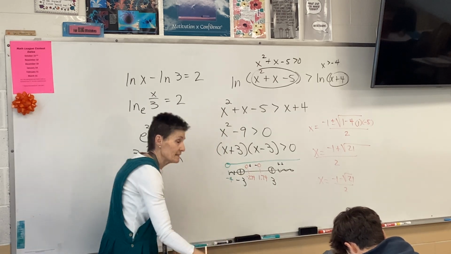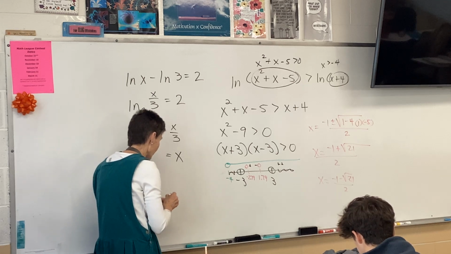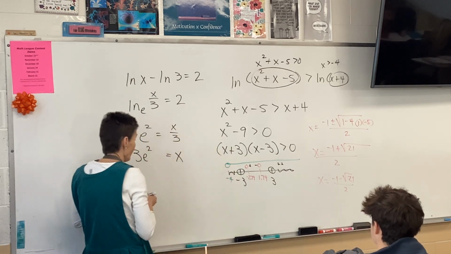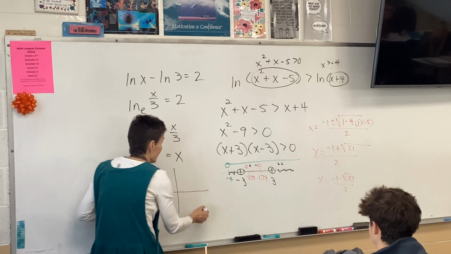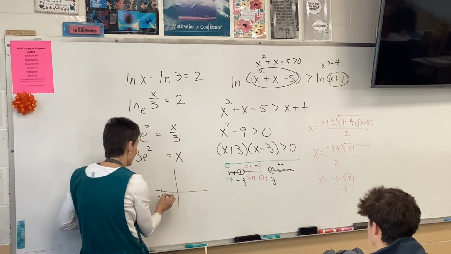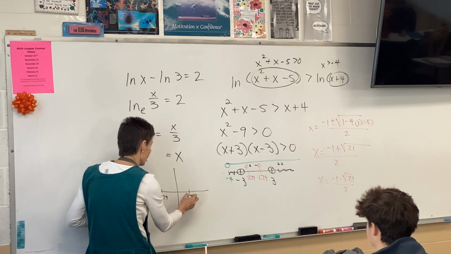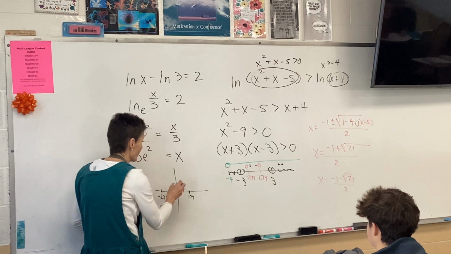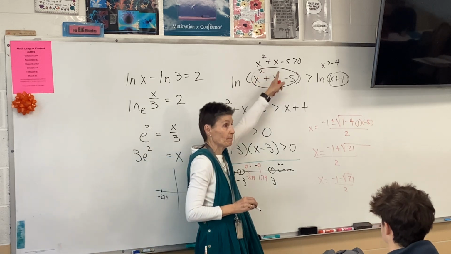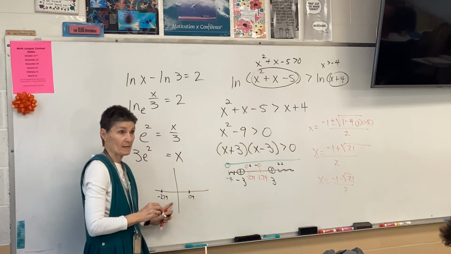Now, we can make this easy on ourselves if we stop and think for a second. You told me it was a parabola, and its x-intercepts are at negative 2.79 and 1.79. Okay, so that's where, if I were going to graph this parabola, this is where it would cross the axis.